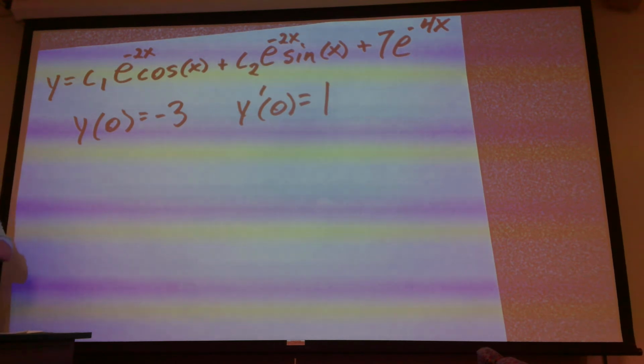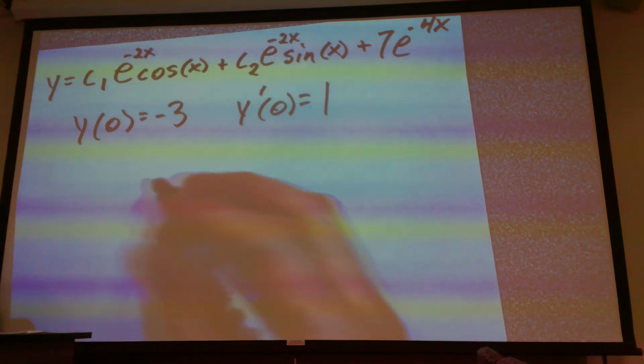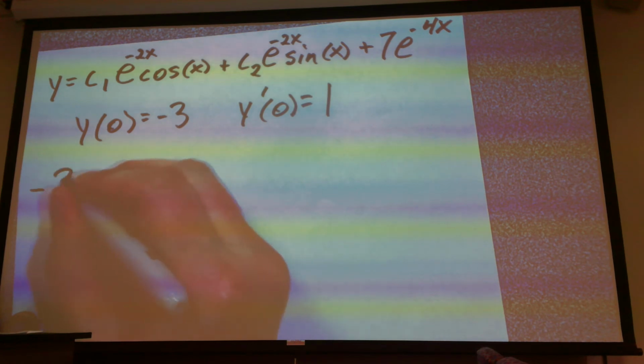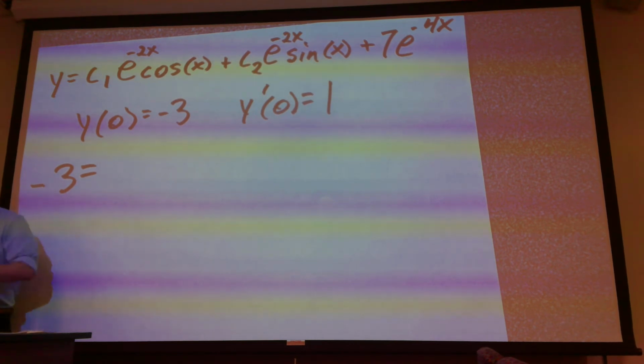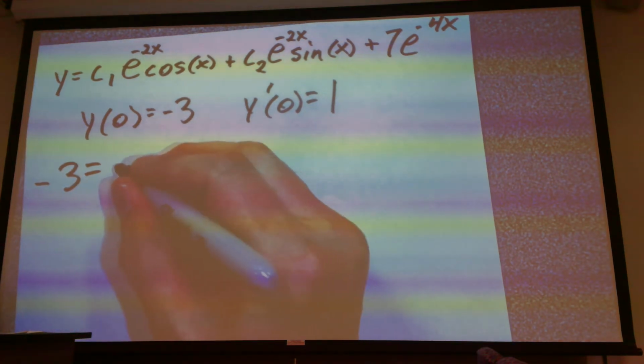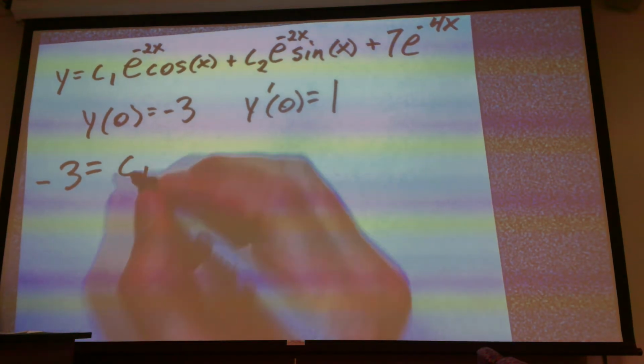Okay, let's treat the negative 3 first. Okay. Now, when I plug in, cosine of 0 is 1, e to the 0 is 1. So this first guy is just C1.